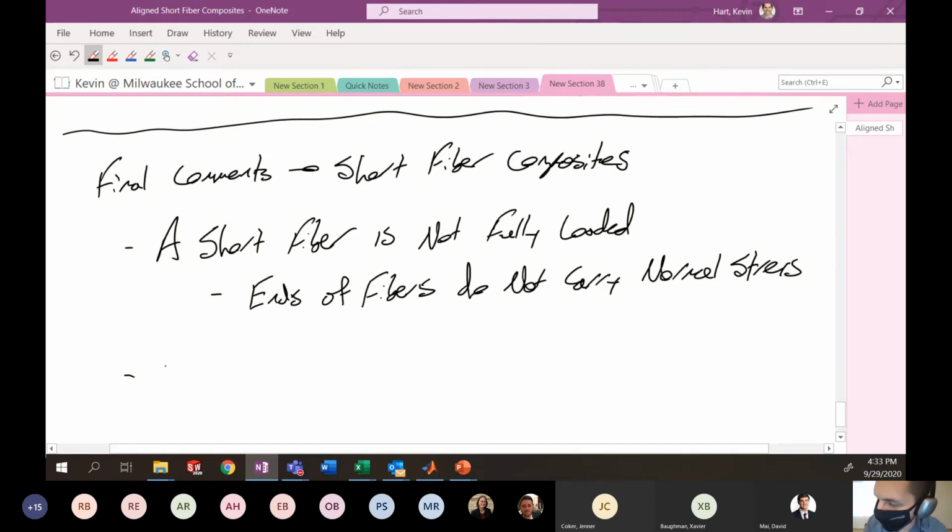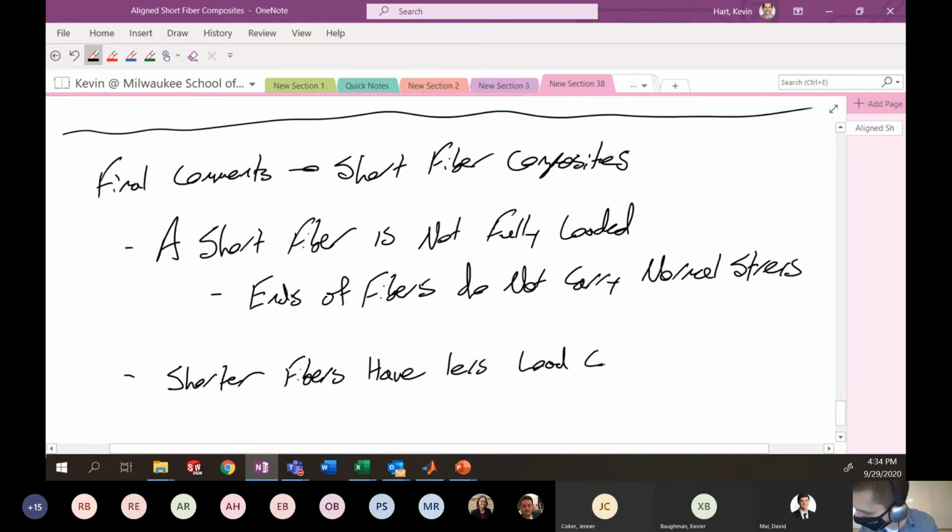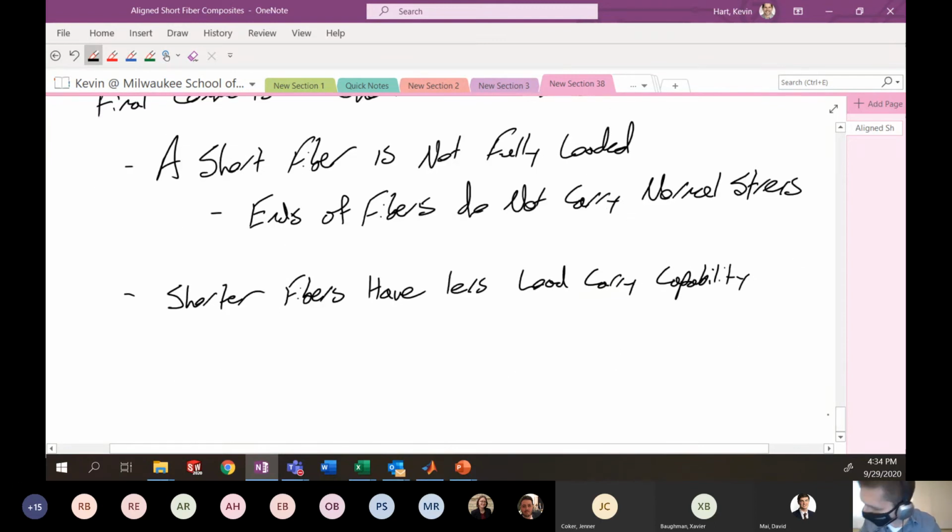So shorter fibers have less load carrying capability and lower reinforcing efficiency.